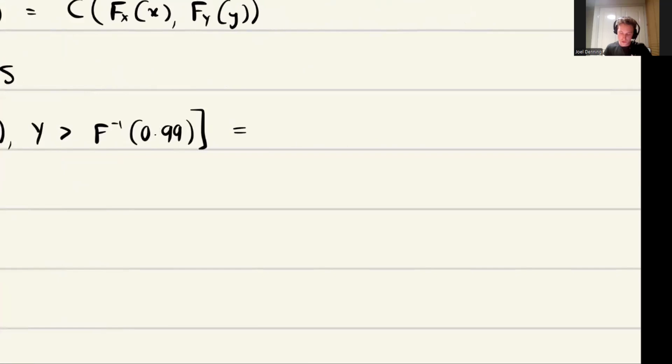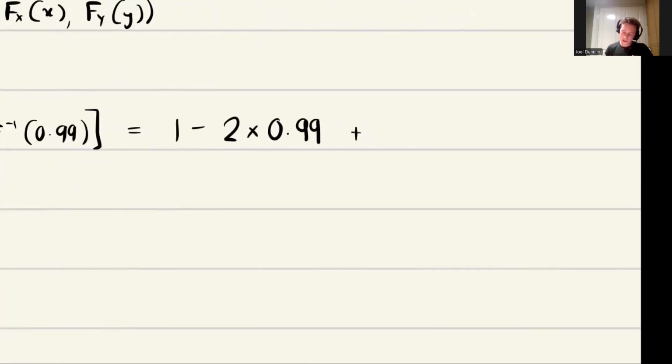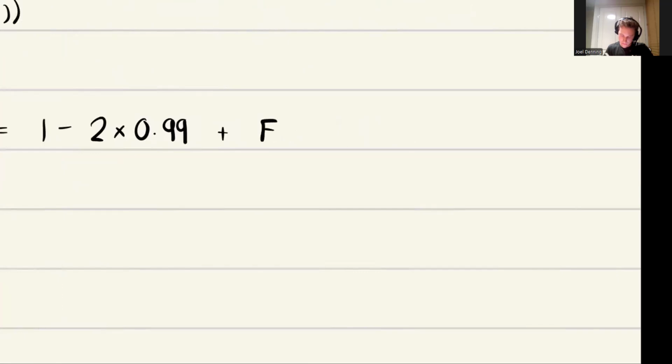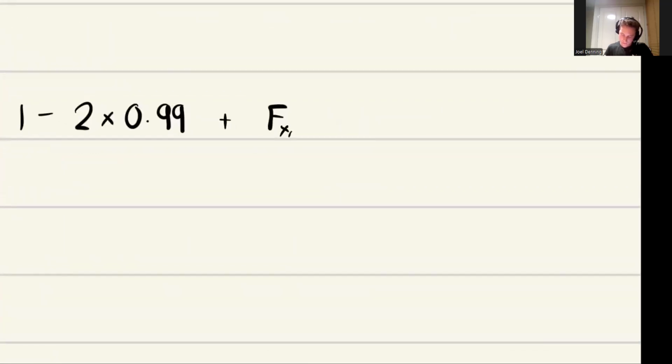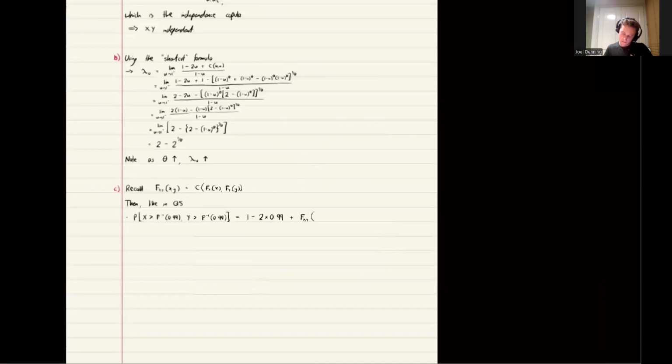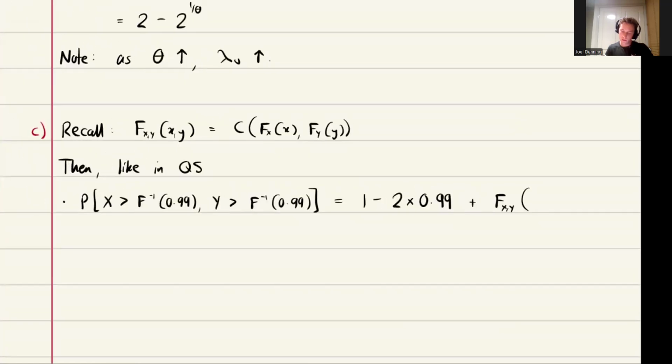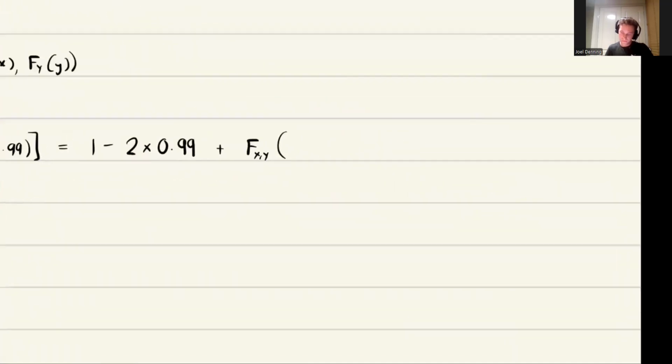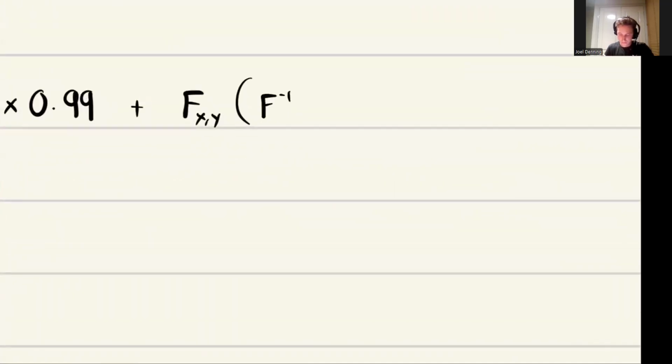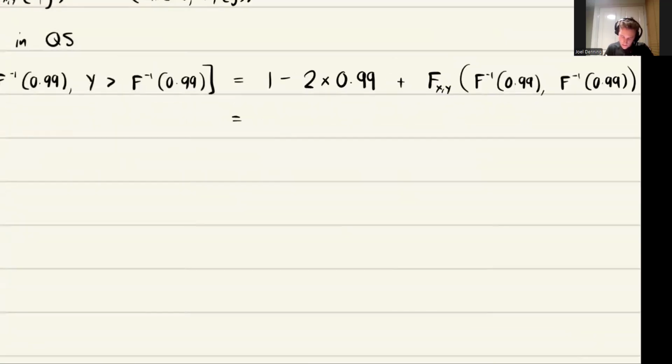That should just be equal to 1 minus 2u and then plus the joint CDF, which we don't have, but we have the copula. So we're going to make use of Sklar's theorem there. Right, at these arguments, so the 99th percentiles.